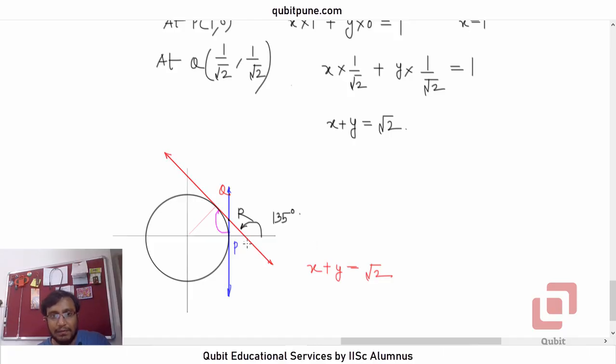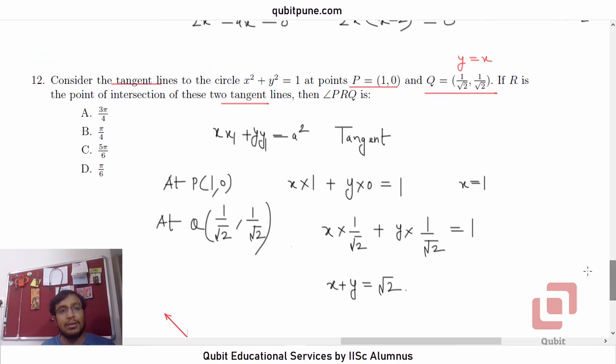So this will be 45, this will be 45, so this will also be 45. That means the acute angle between the two tangents is 45 degrees, but we want the obtuse angle PRQ. That angle will be 135 degrees or 3 pi by 4 radians, option A.